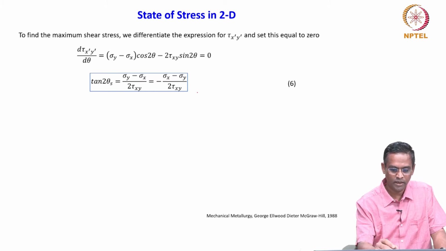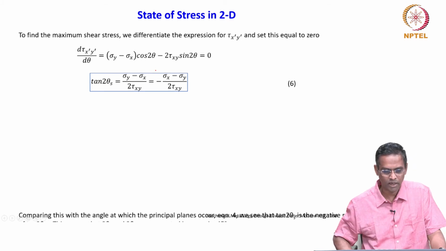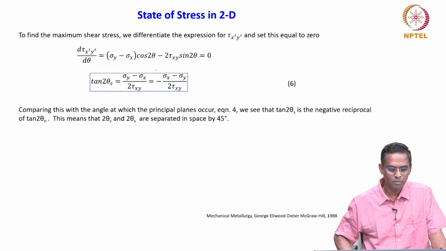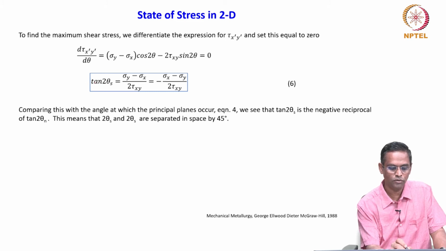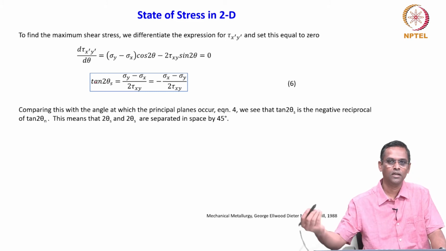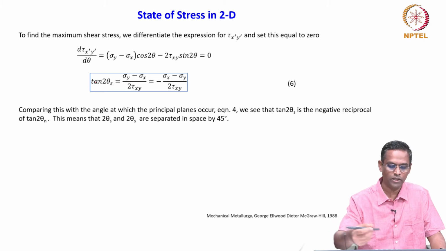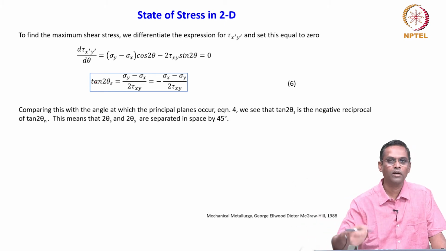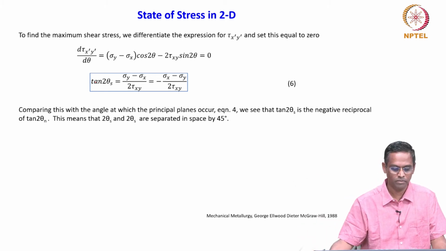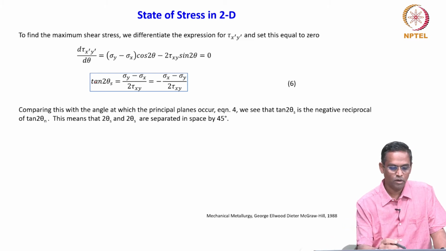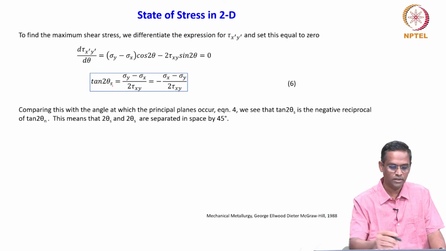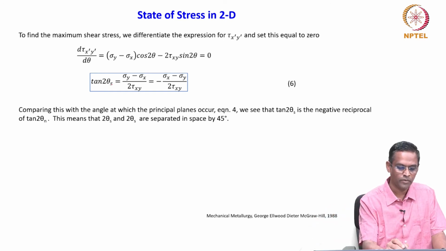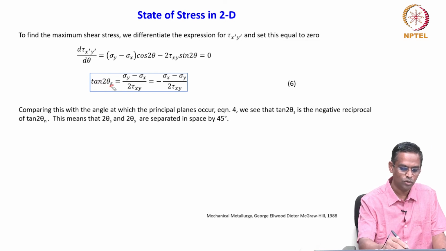This can be rewritten like this for our convenience, because we have another expression for tan 2 theta, right? Just before, we saw the angular relationship for the principal planes. So that tan 2 theta was describing the angular relationship for the normal stress, and this is for the shear stress. Okay, so we can now compare these two.